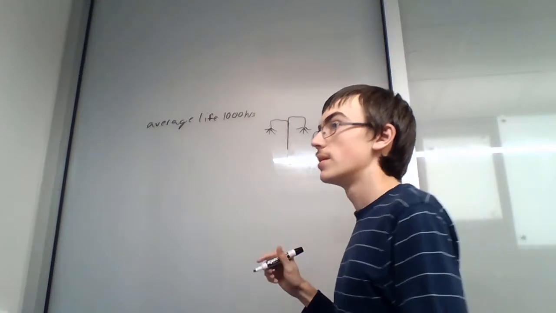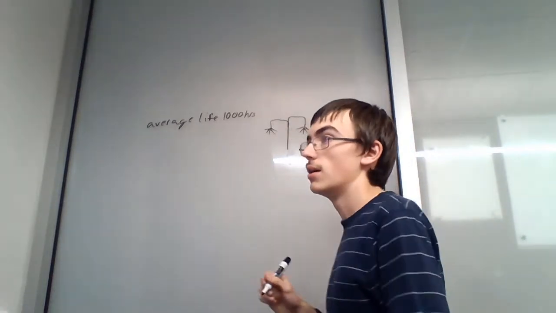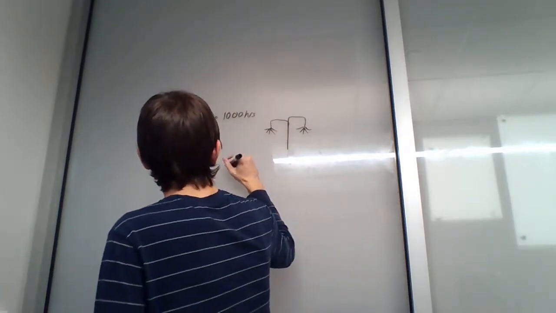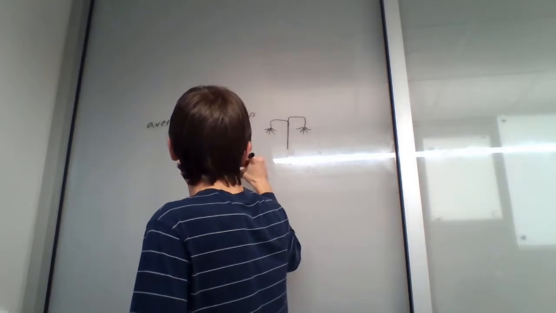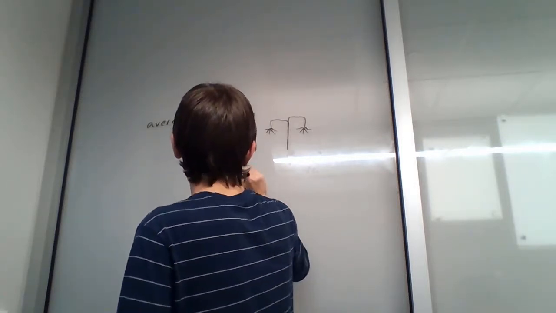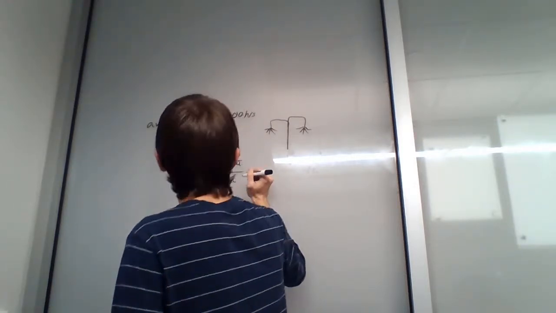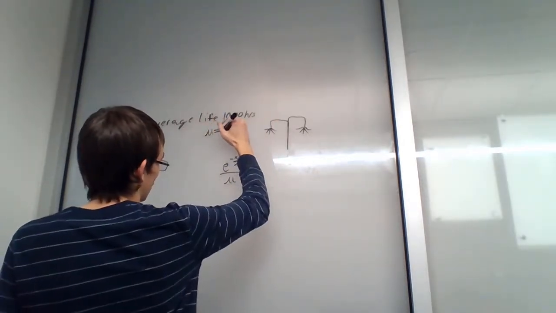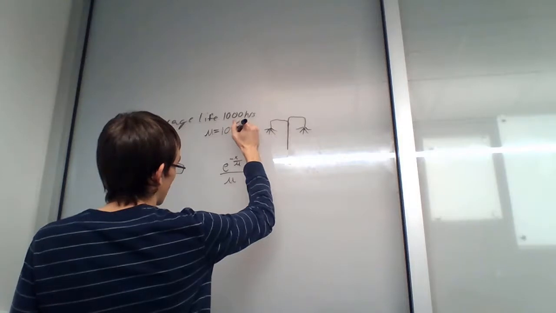So the probability of one bulb going out can be modeled by the equation e to the negative x over mu, all of this divided by mu, which we already said that this mu given to us in the problem is 1,000 hours.